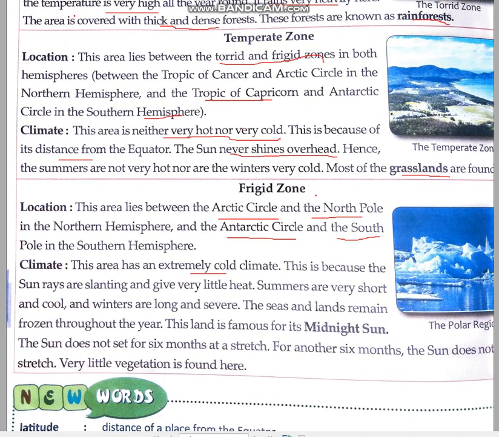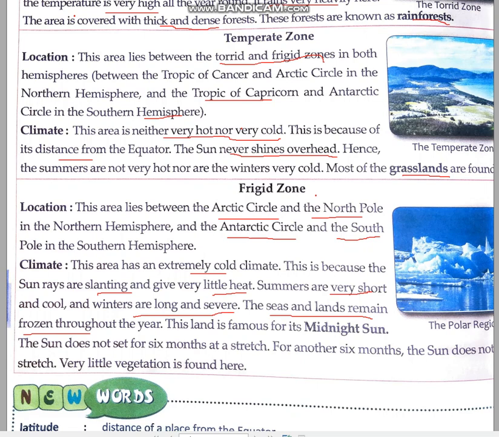Sun rays are slanting and very little heat reaches the poles. Summers are very short, sunlight is very less, and winters are very long and severe. Every day, 24/7, it has ice. The seas and lands remain frozen throughout the year.